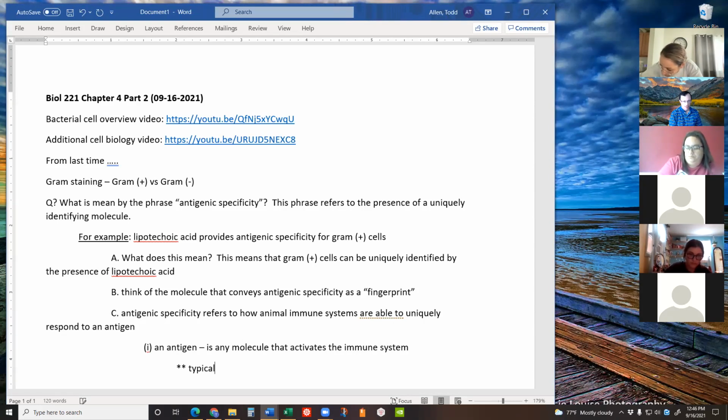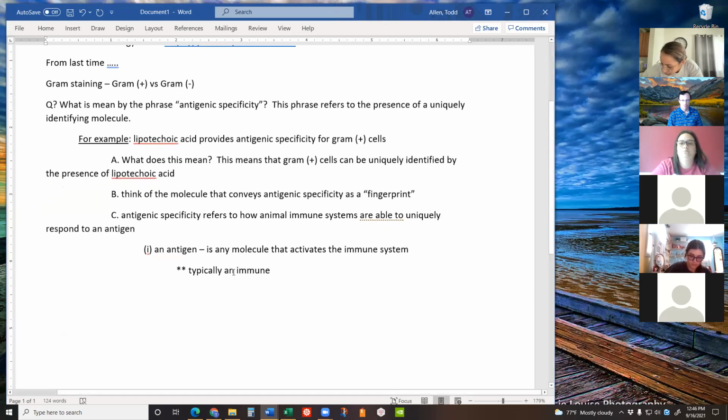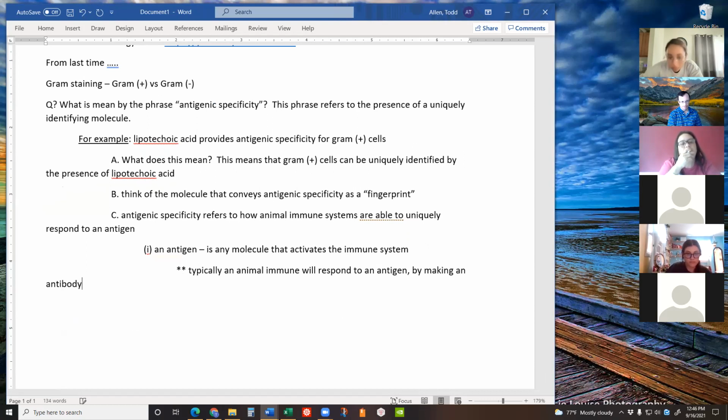Typically an animal immune system will respond to an antigen by making an antibody. Antibodies are proteins that uniquely bind to targets. So there's a connection here with immunology, is what I'm trying to tell you without getting too thick into the weeds at this point.